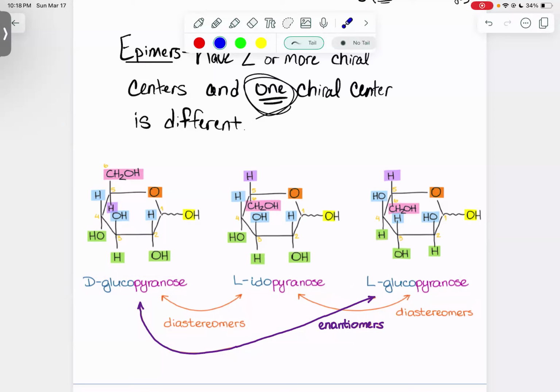And then C6, CH2OH is down, CH2OH is up. So now everything is swapped. So that gives us the D and the L. Those are the enantiomers. And then I'm not showing this hydroxyl here being up or down. So I'm not able to say anything about alpha or beta, but you could get that information, I'm just not giving it to you here.